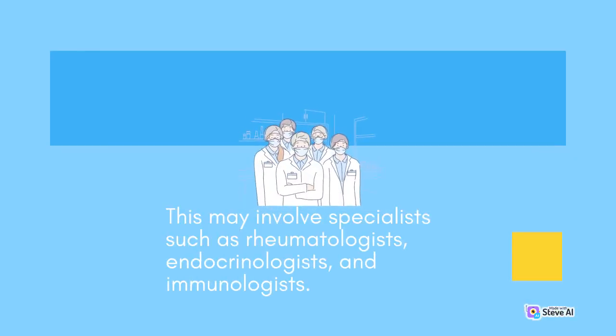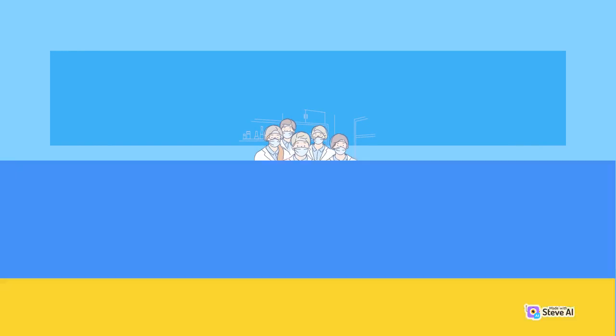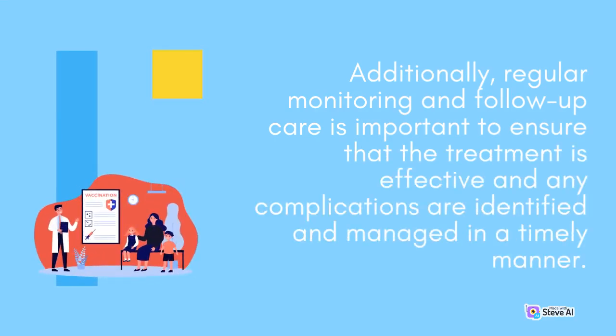This may involve specialists such as rheumatologists, endocrinologists, and immunologists. Additionally, regular monitoring and follow-up care is important to ensure that the treatment is effective and any complications are identified and managed in a timely manner.